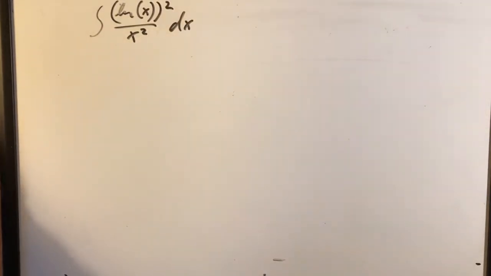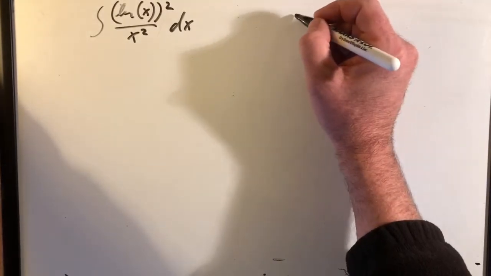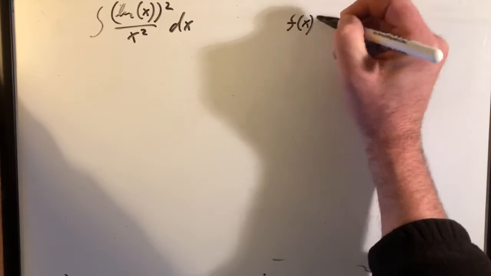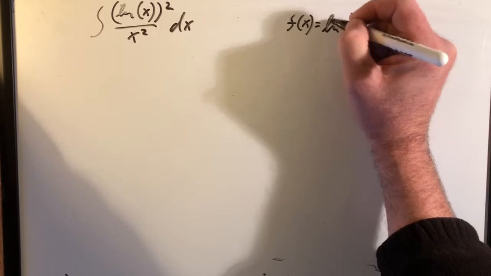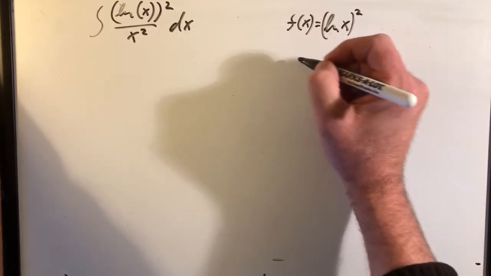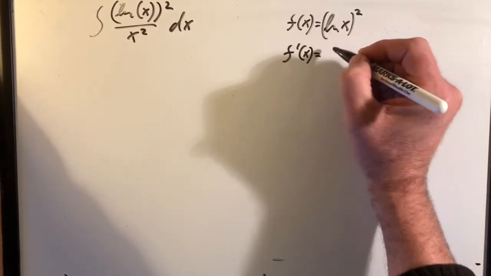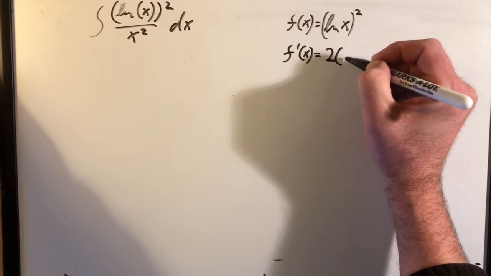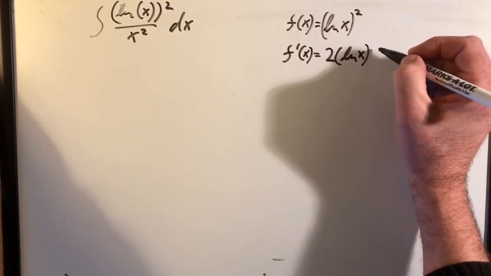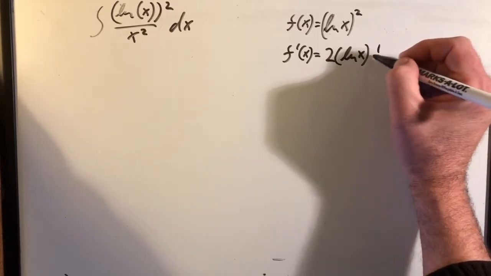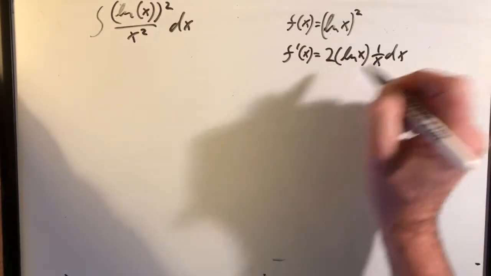dx. So let's make the same choices here, where f of x equals ln x squared. So f prime of x is going to be equal to 2 ln x times 1 over x dx.